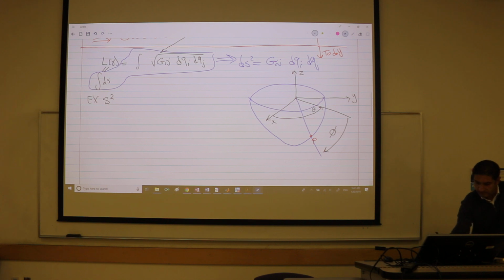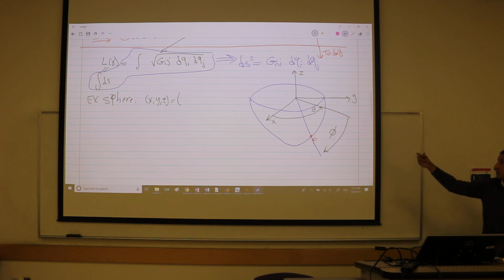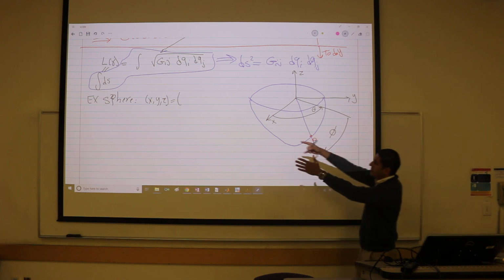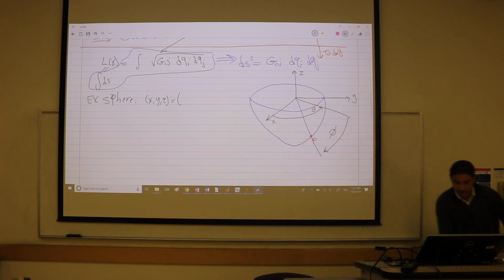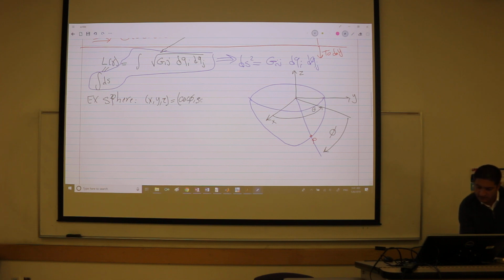It would be confusing, so I'll write sphere because we're going to write S squared. On the sphere we have x, y, and z from the ambient space. I have two coordinates on the sphere, but now I'm writing three because I'm in the ambient space. In terms of these two coordinates, it's cosine theta cosine phi, sine theta cosine phi, and negative sine phi, right?